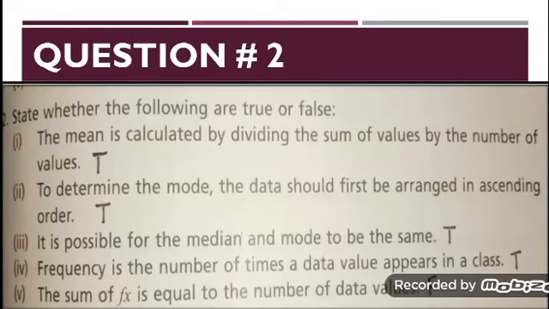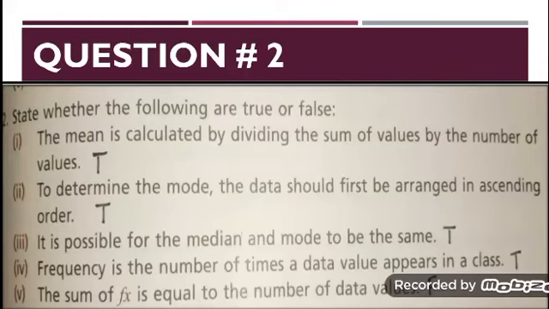Third statement: it is possible for the median and mode to be the same. This statement is also true. Yes, the median and mode of some data may be the same. Statement 4: frequency is the number of times a data value appears in a class. This is the definition of frequency, so this statement is true. If in a class interval a value occurs 2 times, then 2 is the frequency of that value.